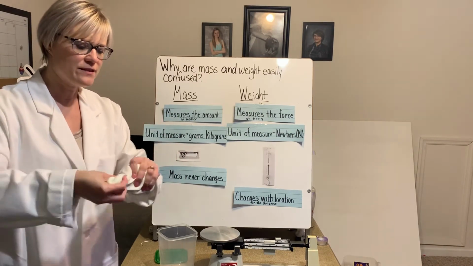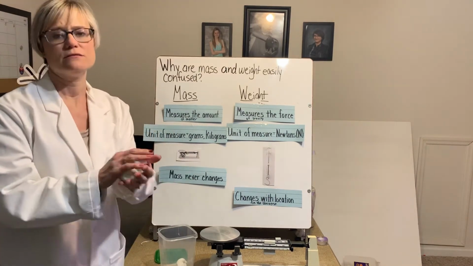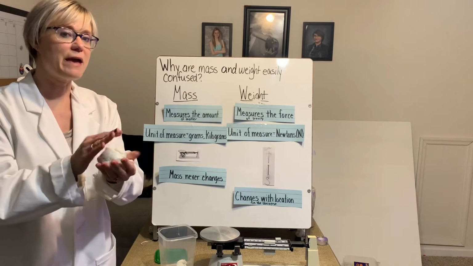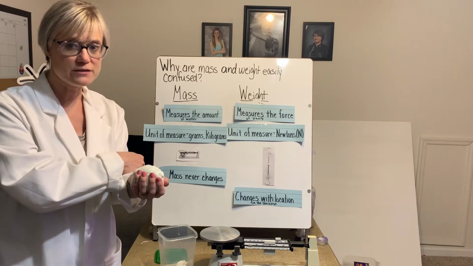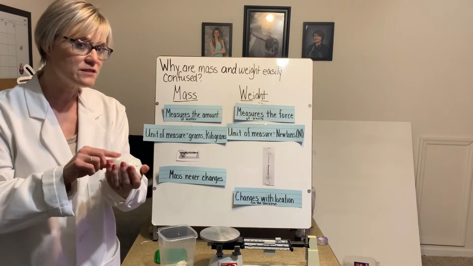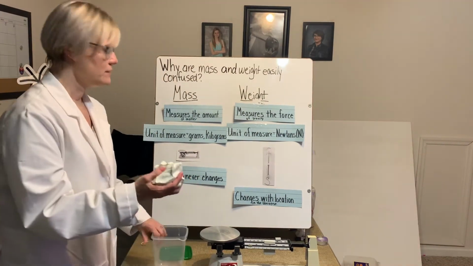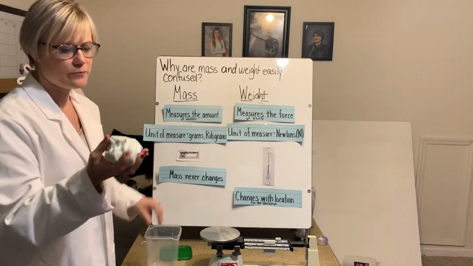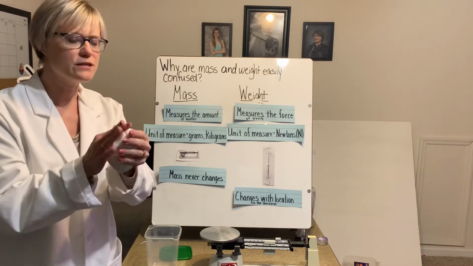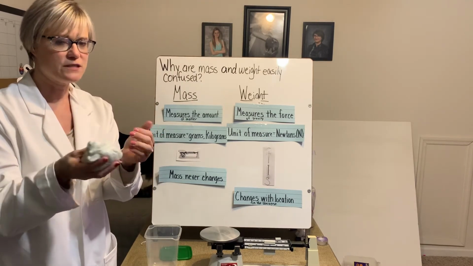So if I take this slime and I decide I don't want that piece, then I have changed the mass of this slime only because I've taken something away from it. If I want to change the mass of this slime again, I can add this back in and I get the original mass because I've put all the slime back where it was. So that's the only way that I can change the mass of something.